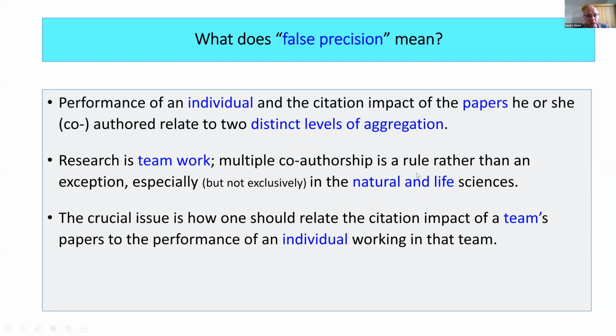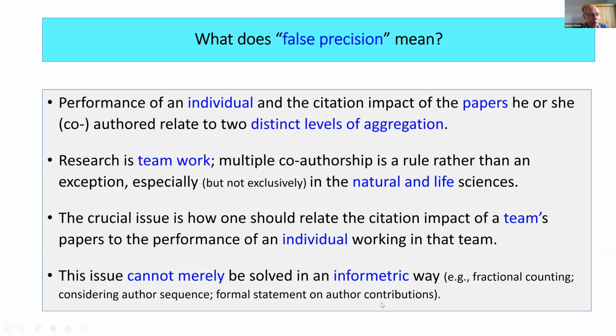So the crucial issue is, how should one relate the publication output or the citation impact of a team to the performance of an individual working in this team? That is the problem. I hope you understand my point.